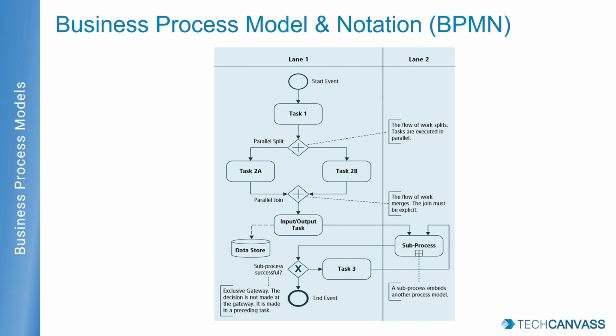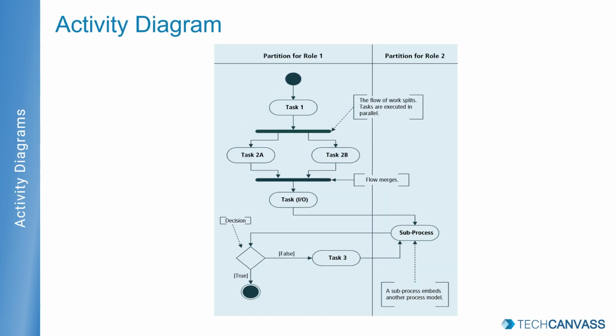The key feature of BPMN is to distinguish activities of different participants in the process with pools and swim lanes. So the concept of dividing the activities amongst the users in the swim lanes is common across all the process modeling techniques, as you will also see in the next process model, which is activity diagrams.